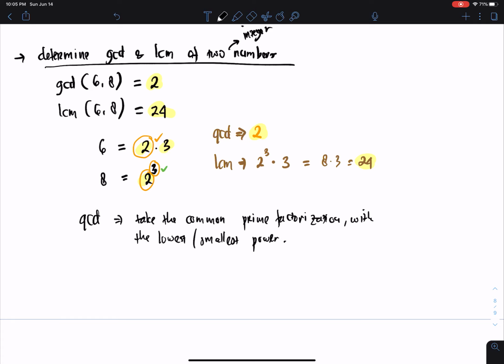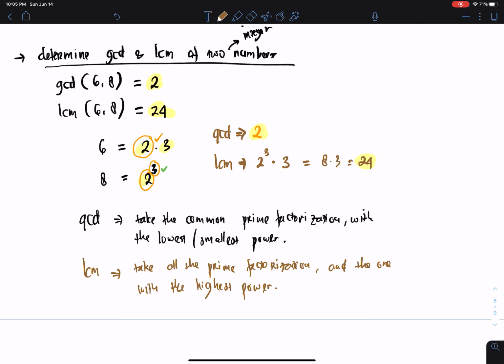That's all. But for the LCM, take all the prime factorization, and the one with the highest power.